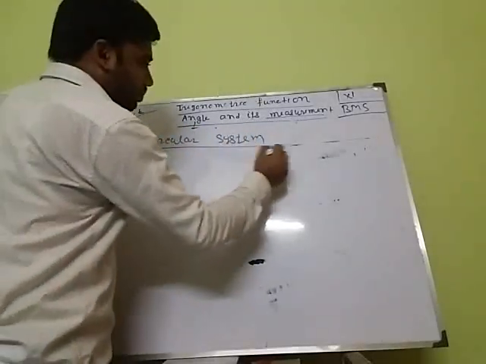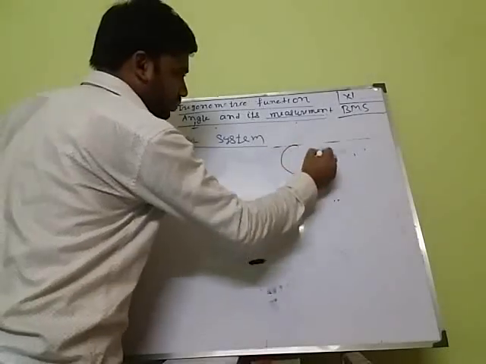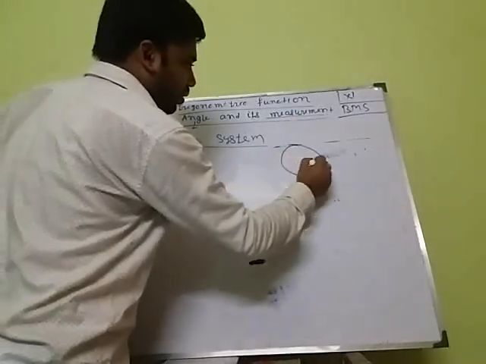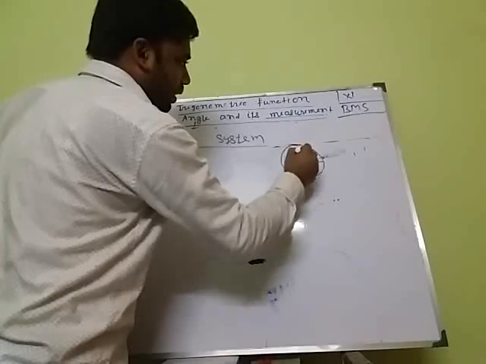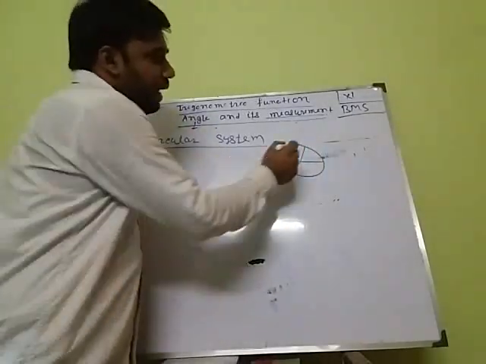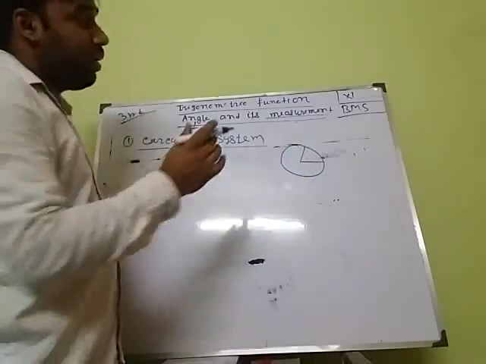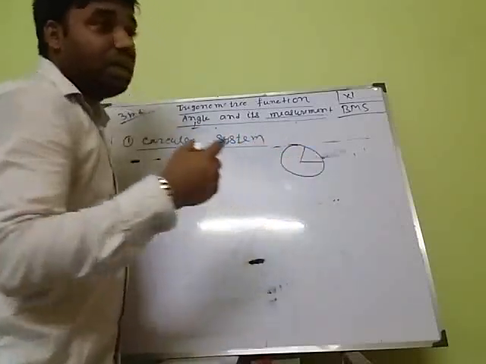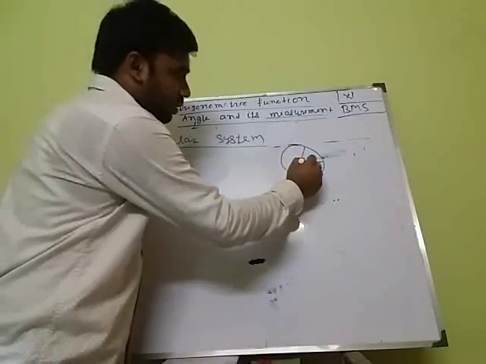In the circular system, the angle is subtended by an arc which is equal to the radius.